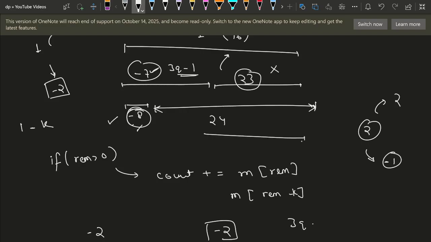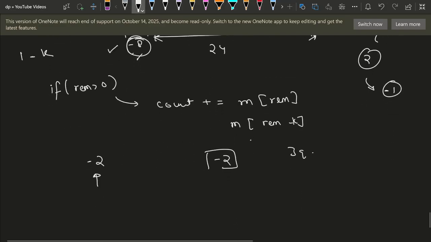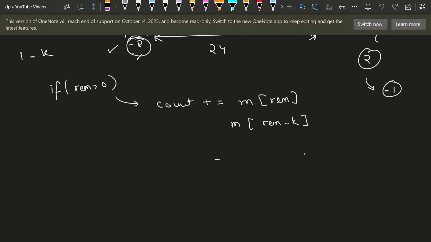If from here to here your remainder is 2, this becomes eligible. But this also becomes eligible if from here to here the sum is minus 1, then this will become 3, right? So rem minus k.